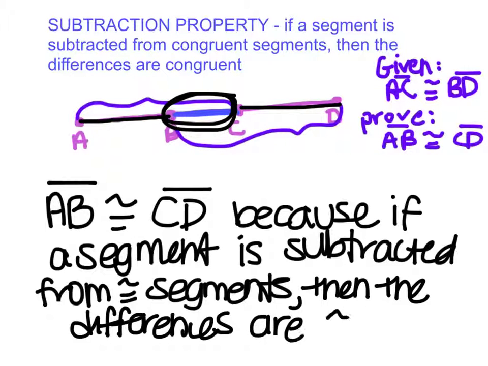If you would prefer, you can just say that segment AB is congruent to segment CD by the subtraction property.